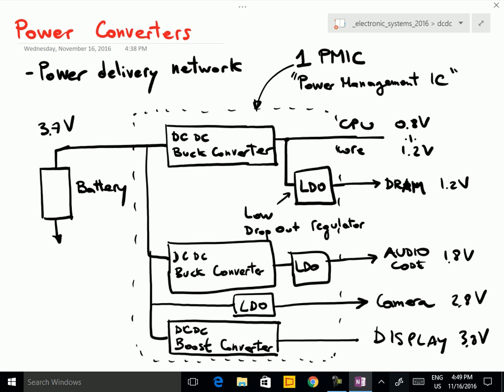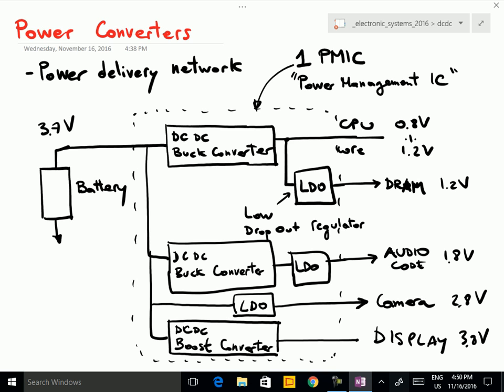In the iPhone 6 that I showed you at the beginning of the class, actually I mentioned that there were two of them. One for all the blocks and one for the radios. Okay, but this is mostly an issue of intellectual property, because Qualcomm, which provides almost all the chips for the radio, also puts in the contract, okay, I will provide you also the PMIC for our chips.